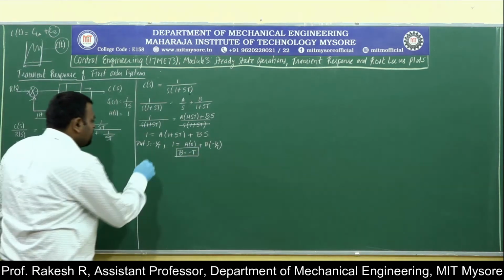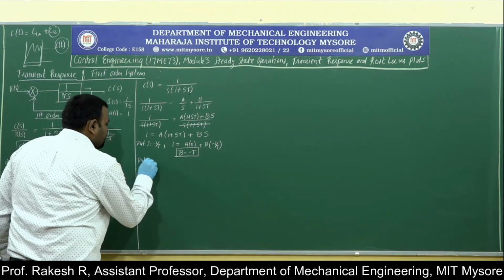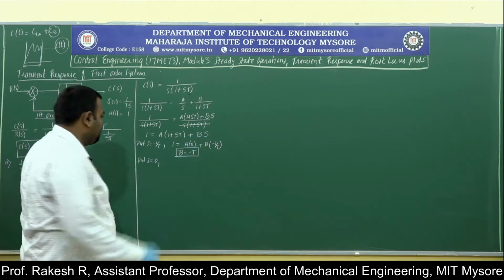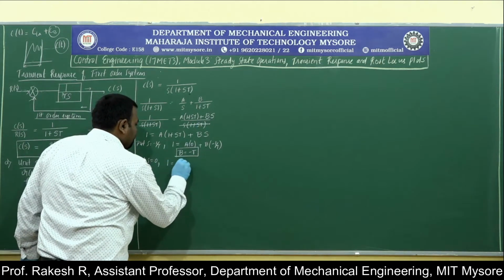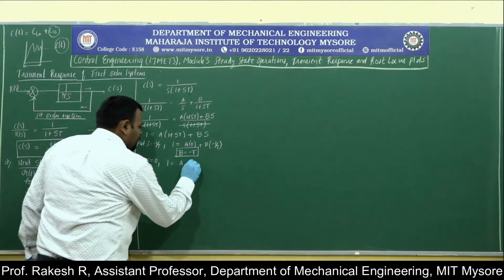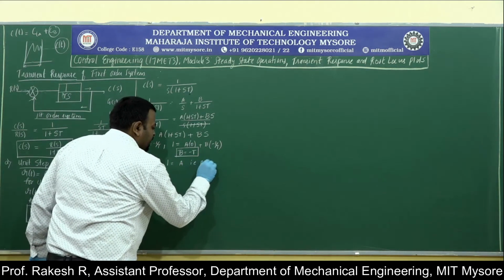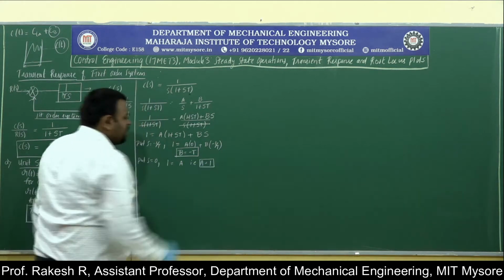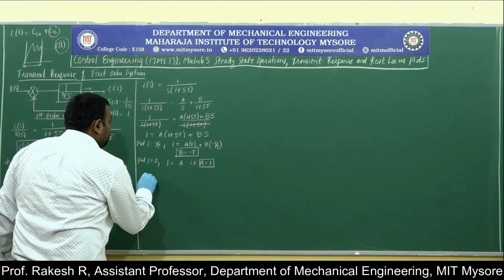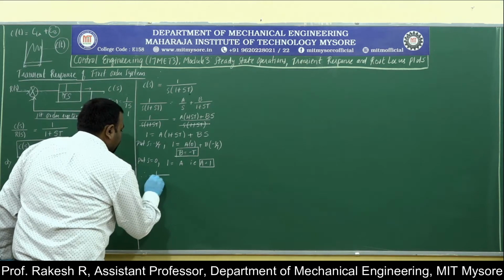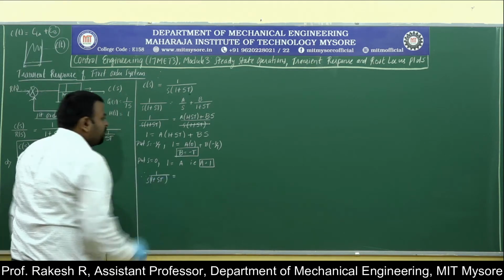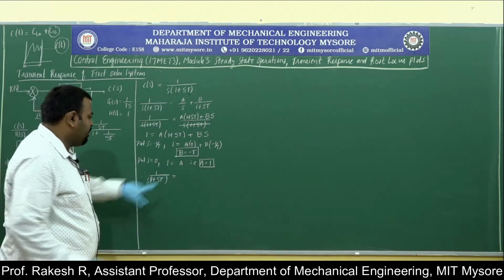Then again put s equal to 0. If I put s equal to 0, then 1 is equal to A, as this term will be 0. So I will get A is equal to 1. Again I will put the values of A and B in this equation. Therefore 1 divided by s into 1 plus st will be equal to A, and what is the value of A?